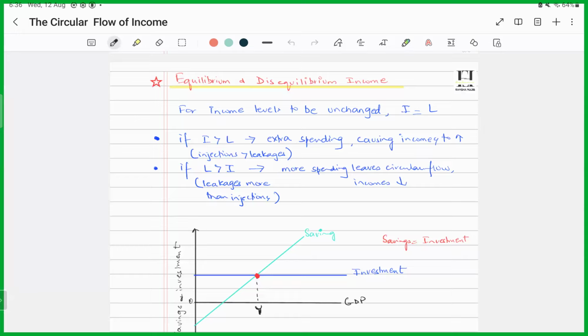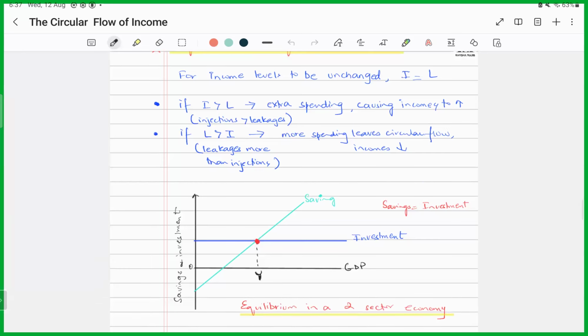If you want income levels to be unchanged, the injections must equal the leakages. That means that whatever additions were made to the circular flow of income, they must equal the withdrawals from the circular flow of income.